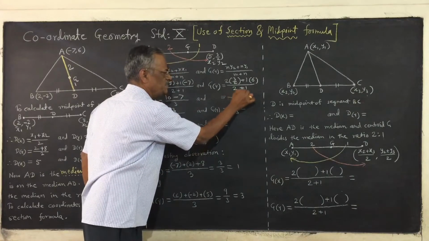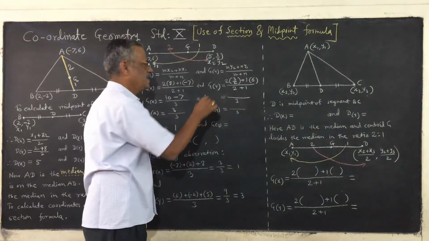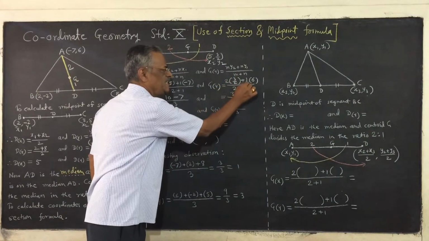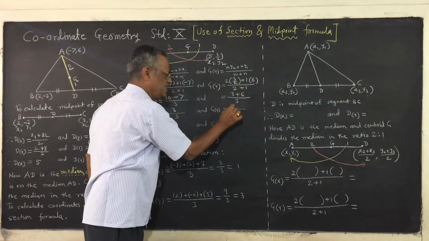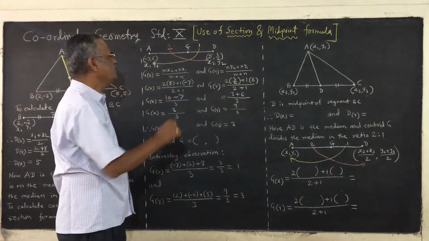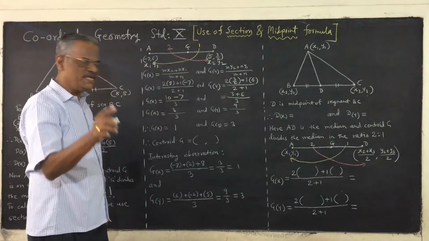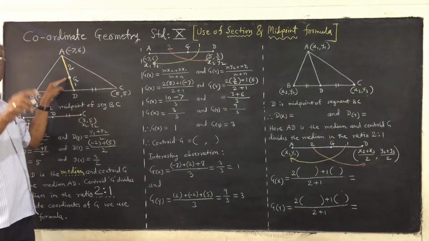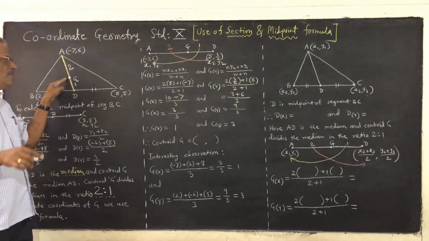You know that 2 plus 1 is 3, and when you multiply 2 into 3 by 2, it is 3. 6 into 1 is 6. So what is that? 9 upon 3, it is 3. So we are getting the coordinates of G, which is the centroid. It is the point of concurrence of all medians.